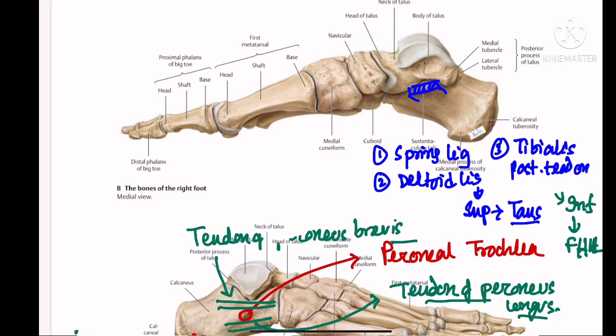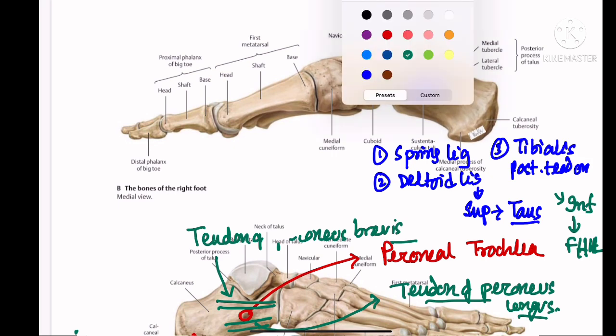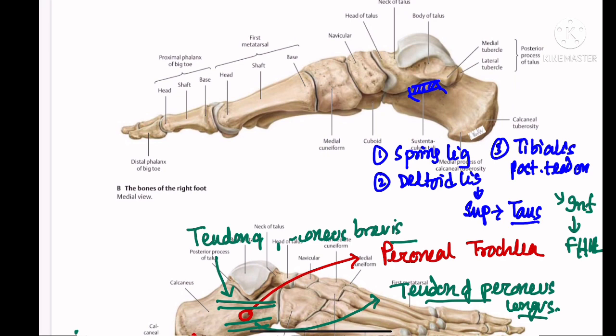As far as spring and deltoid ligaments are concerned, I will just tell you this much, that the spring ligament is present like this. It is called the plantar calcaneonavicular ligament.